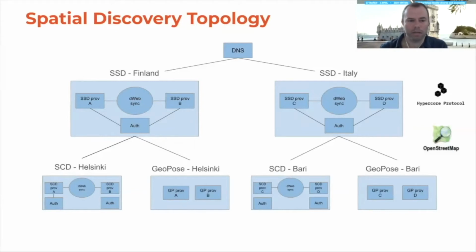What you'll see here is that we've got geozone-specific services, such as spatial content discovery. Again, you can have multiple providers in that geozone contributing to a common index for the content. And you can have multiple Geopost providers and communicate with them via that standard Geopost protocol.